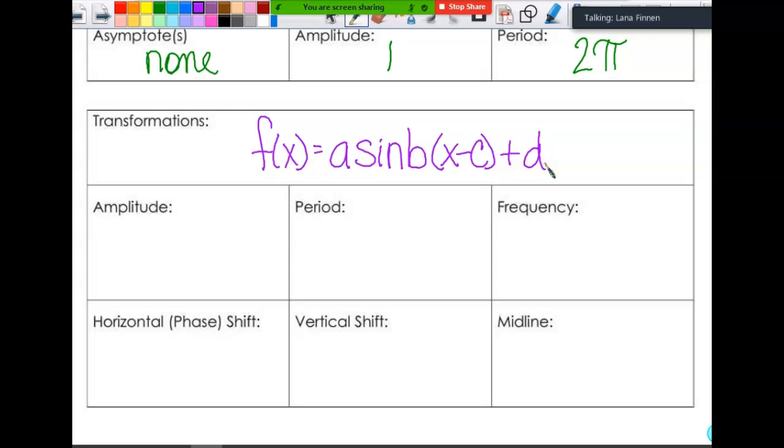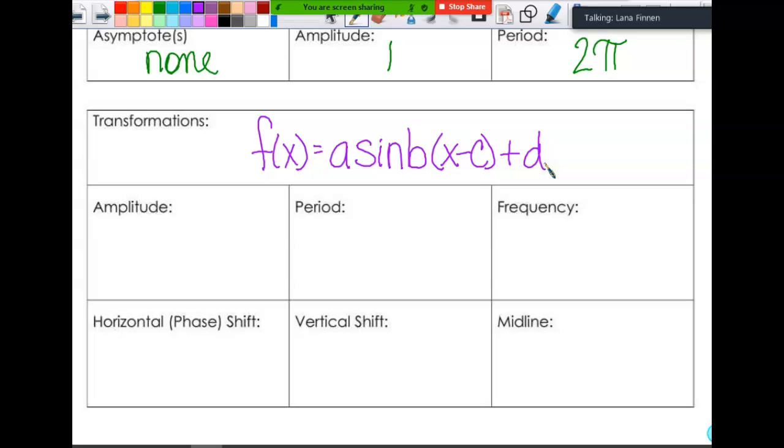Okay, so I will put this little tidbit of knowledge out there for you. When you are doing stuff in Delta Math, and if you look at their solution, sometimes they use different letters. They're capitalized and they use them for different things. It really doesn't matter. There's some textbooks that use like P and Q and R instead of A, B. But it doesn't matter. It's where it is and what it's affecting that really matters.